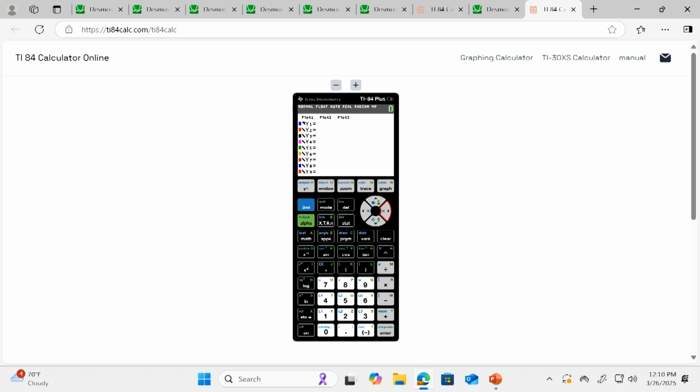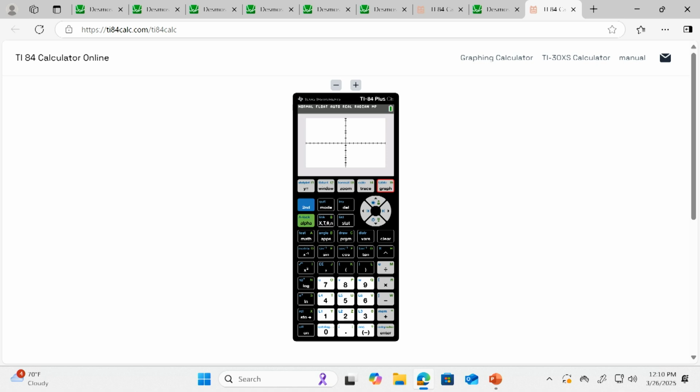Now, in my calculator, I cannot put it in standard form, so I must change that into y equals mx plus b. So when I do that, I get 150 minus 5x. We've already learned that skill, so I am assuming that you know how to put that into y equals mx plus b form, and I'm going to graph it.